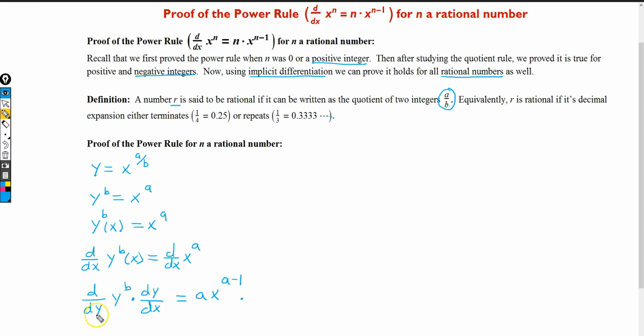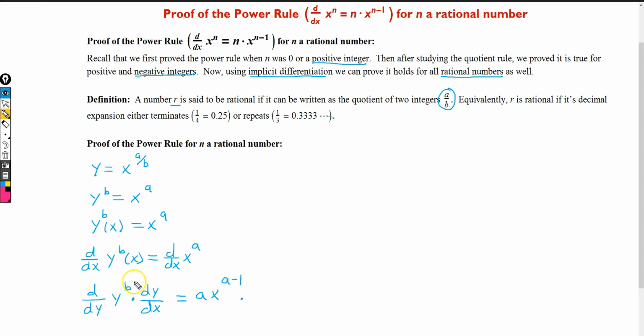We want to differentiate y to the b power with respect to x, so we write it as d/dy of y to the b times dy/dx. Notice how the dy's can be thought of as canceling, and you recover your d/dx. That tells you we're doing things correctly with the chain rule. On the right-hand side, we dropped the a down and subtracted 1. We already proved we can do this because a is an integer.